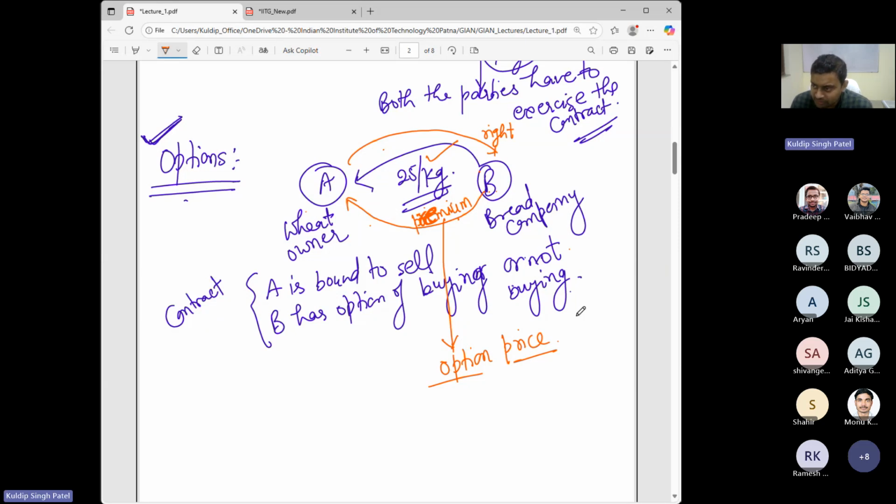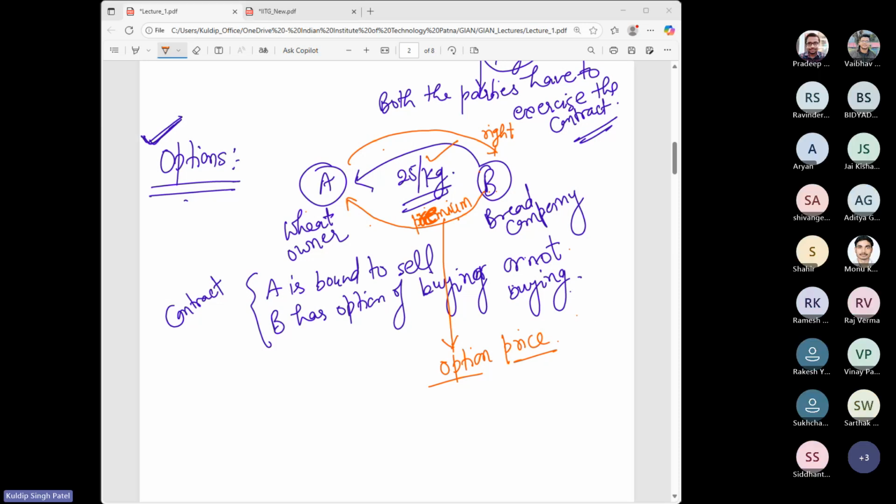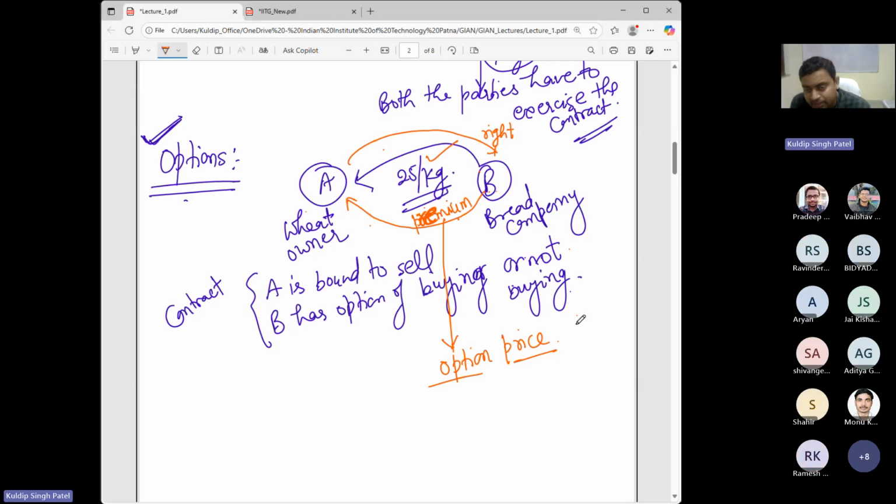That is why it is called the option price. So here we should be clear that B is not bound to buy from A. Agree?